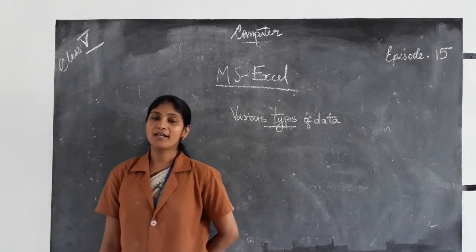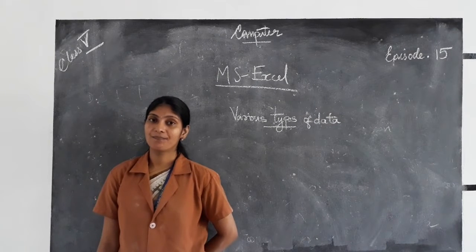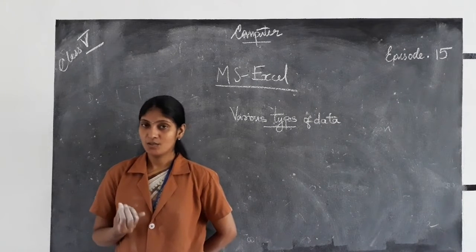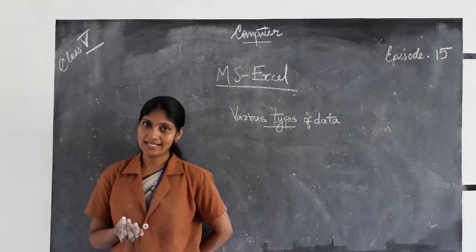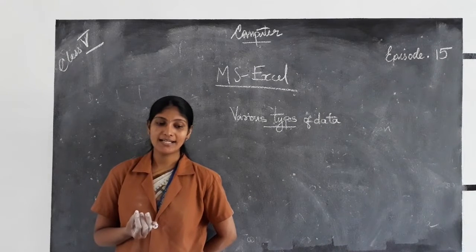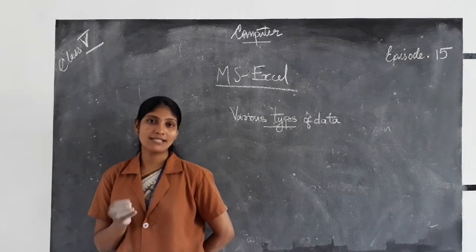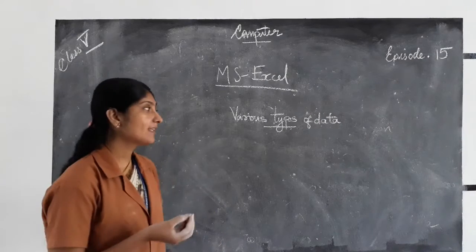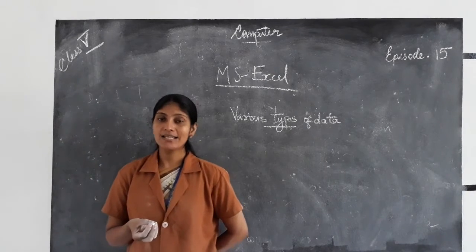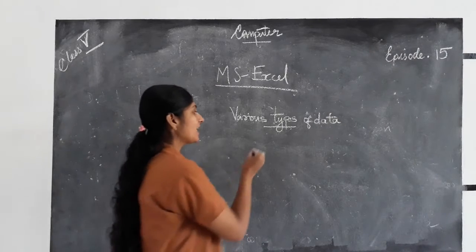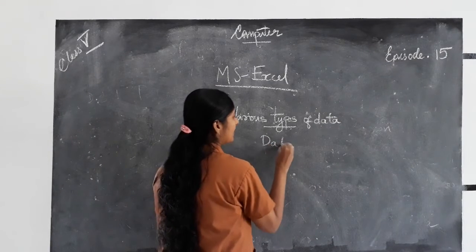So can you tell me what are the different types of data? Yes, numeric data, textual data. Then any other data? So here the classification of data is into 2. What are they? Text data and numeric data. We can classify data into 2.